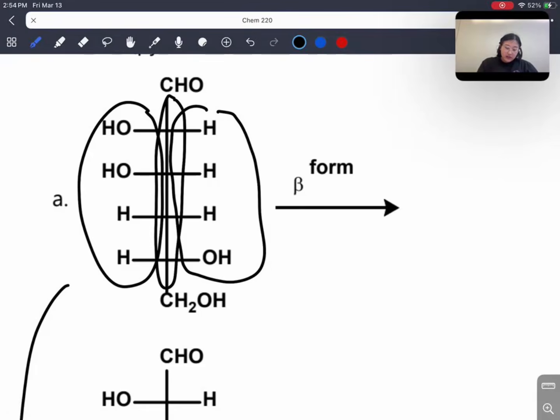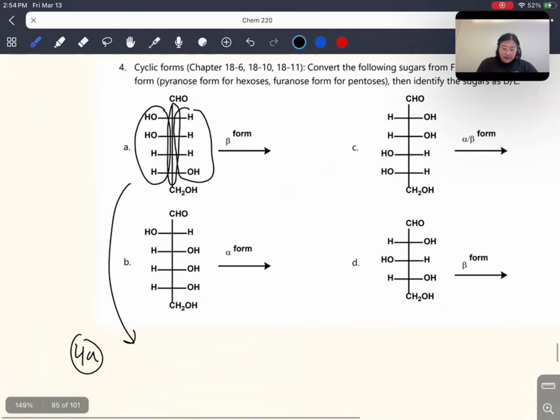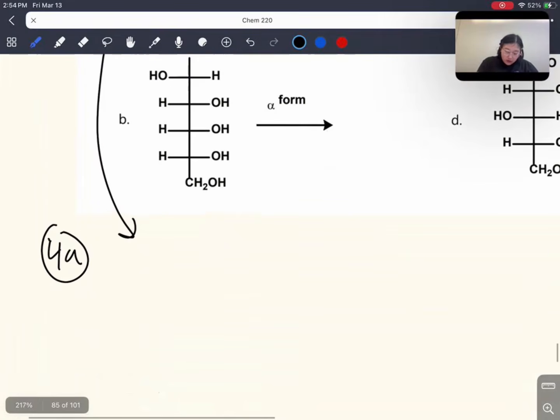And so I'm going to redraw what this molecule would look like if we were to put it into wedge and dash form. So I'm going to keep the middle ones linear just because it's easy to draw, but these would be dashes.